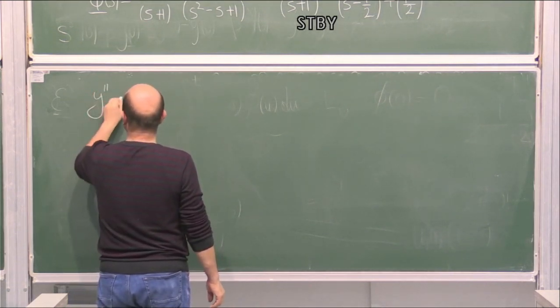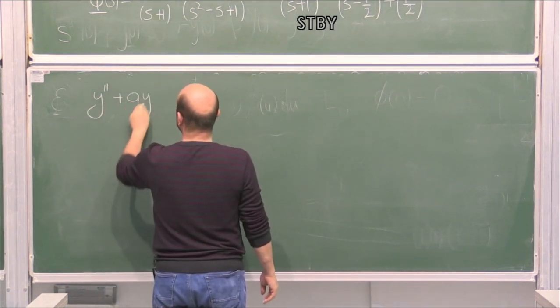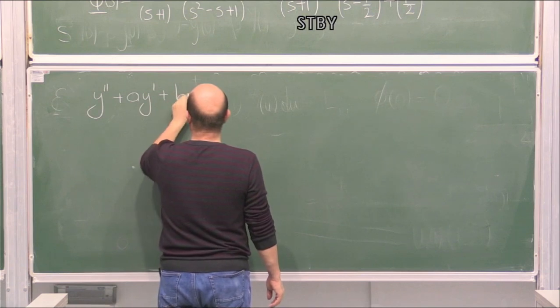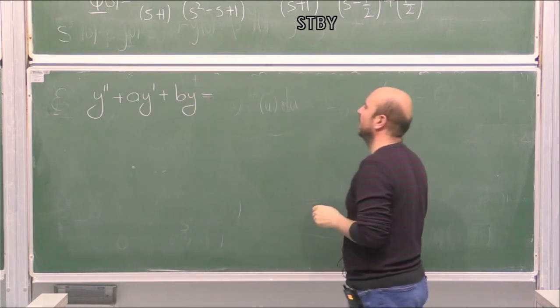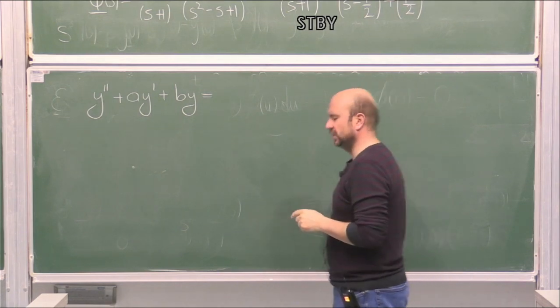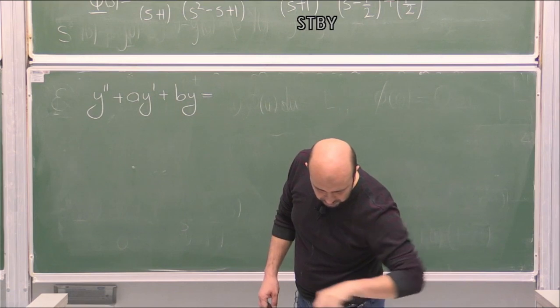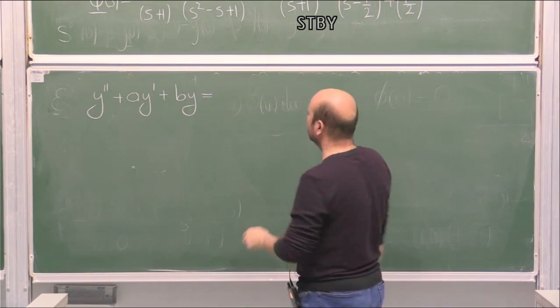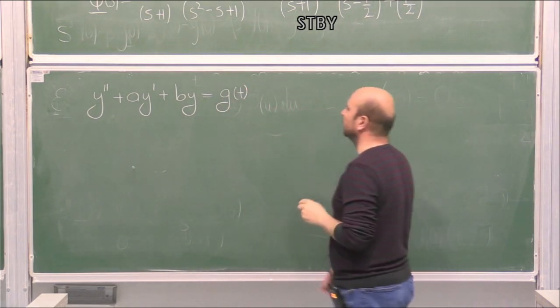So what do we do for the second order? Let's say we are given a constant coefficient second order differential equation. And on this side, G is the forcing function.